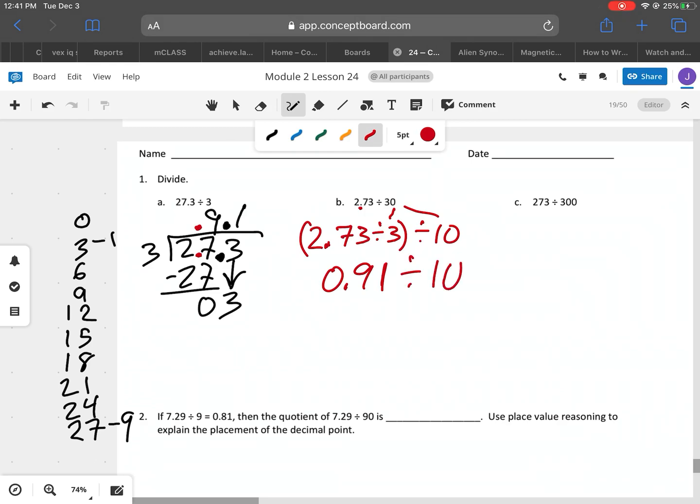Now I'm going to divide this by 10, and when I divide by 10, the number is going to move over here. The 9 is going from the tenths to the hundredths place. And then the 1 is going to move over to the thousandths place. So my answer is 91 thousandths.